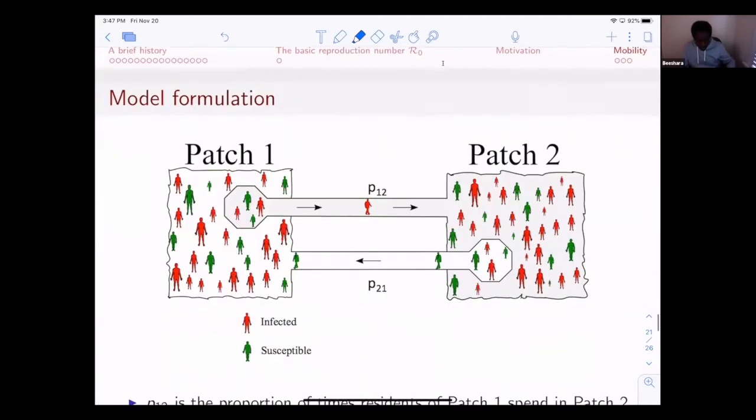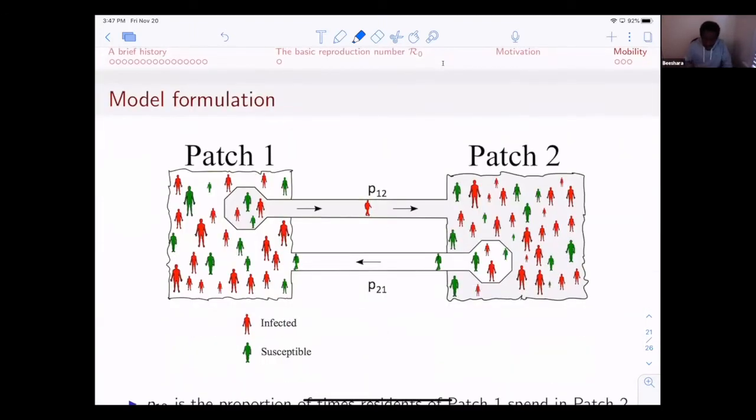So let's talk about mobility. So suppose that we have two cities, right? Patch 1 and patch 2. So we could either suppose that we have a short-term mobility between the two patches, or we could say, okay, these communities are far from each other, and any mobility could suppose that it's a long-term stay.